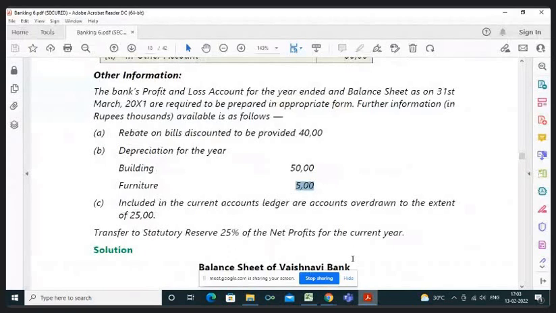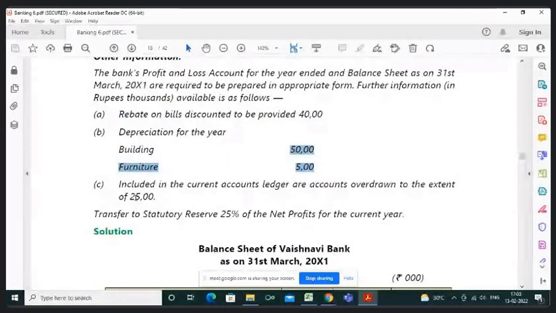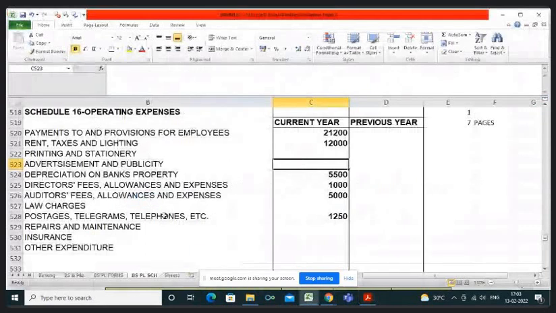Then included in the current account ledgers are accounts overdrawn to the extent of 2,500. So what we have done in the current deposits, we have added 2,500. This should be added to the advances as well. So in the advances, we have to add this 2,500. It's part of the advances.